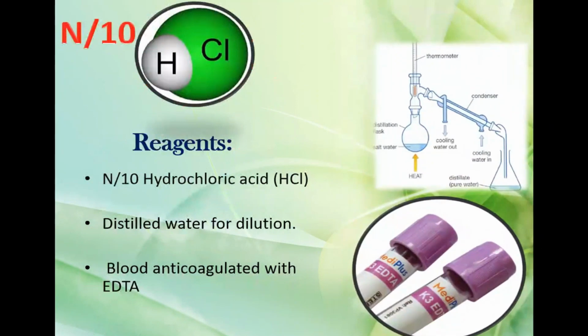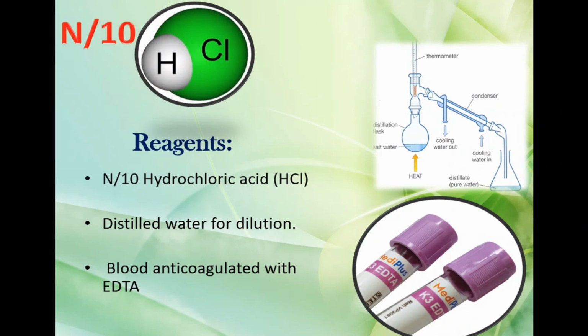Then, how do you prepare the N/10 HCl? What reagents are required for hemoglobin estimation? We need 0.1 N hydrochloric acid, and distilled water for dilution, and blood anticoagulated with EDTA.